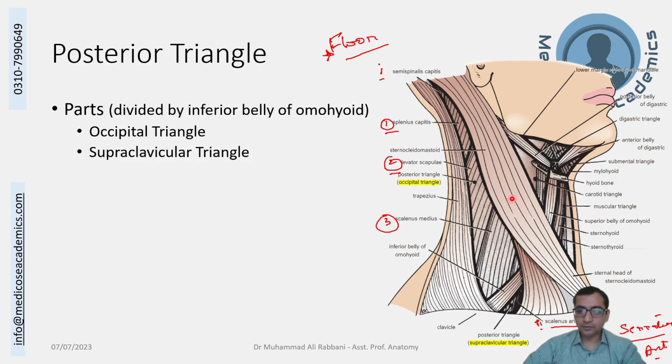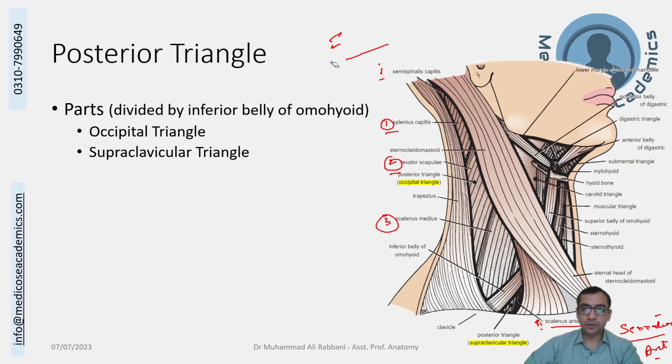So these are all of the muscles that are forming the floor of the posterior triangle: semispinalis, splenius capitis, levator scapulae, scalenus medius, scalenus anterior, and if you are extending the neck and doing too much effort, you may see the serratus anterior.